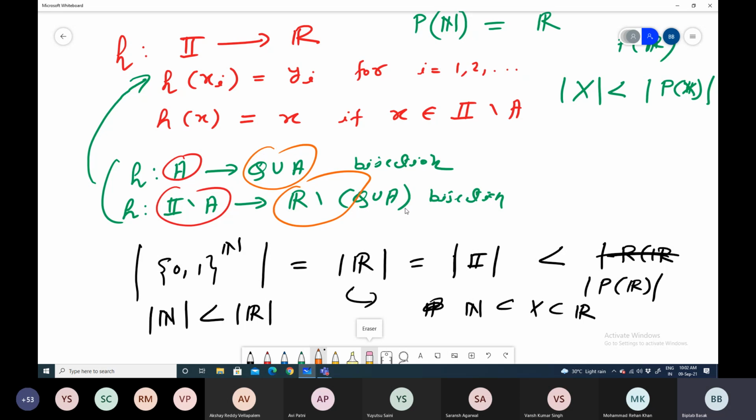Take this union this, so we have I, and take this union this, and we have R. They are disjoint, therefore it is a bijective function H from I to R. Is it not clear? Can you explain that part of H?